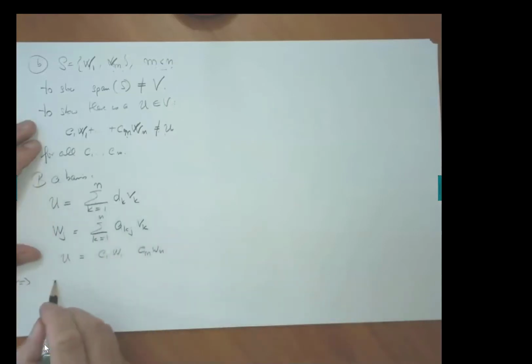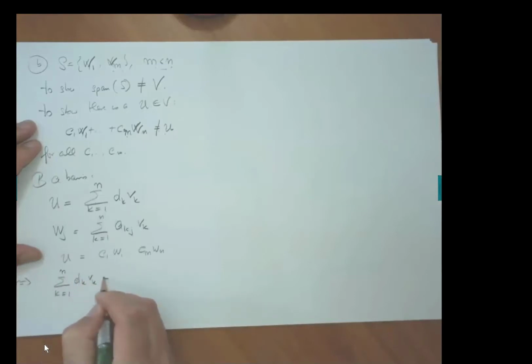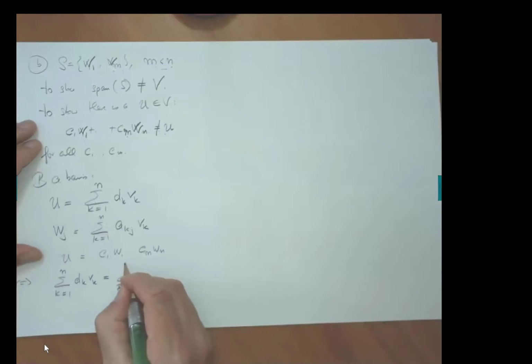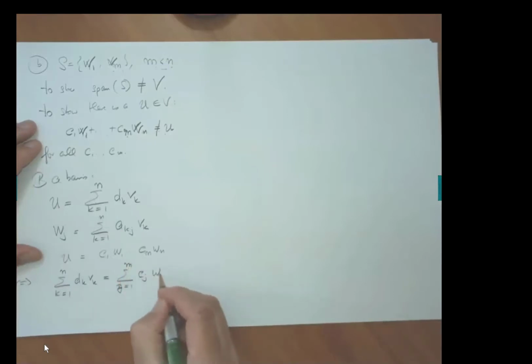So u is sum k goes from 1 to n dk vk. And here I plug in some j goes from 1 to m cj wj. That's this here written again.